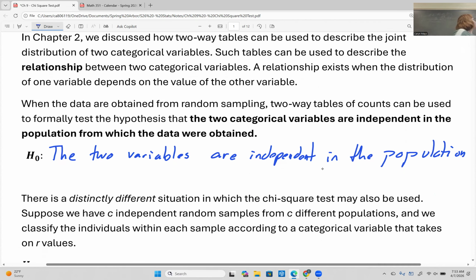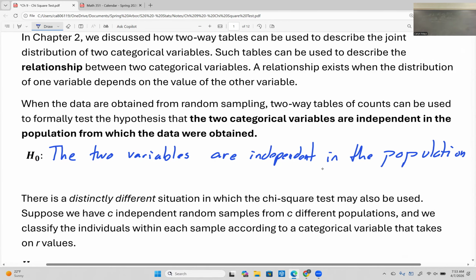There is a different situation in which the chi-square test may be used. Suppose we have C independent random samples from C different populations, and we classify the individuals within the sample according to those categorical variables that take on our values. So we split up all of our individuals into categories, like the example given, survival and class for the Titanic example. Each person fell into one of those categories.